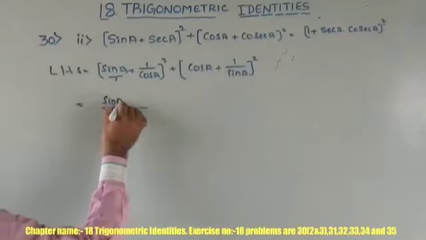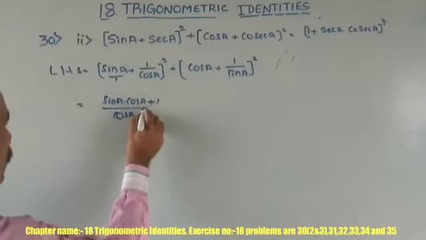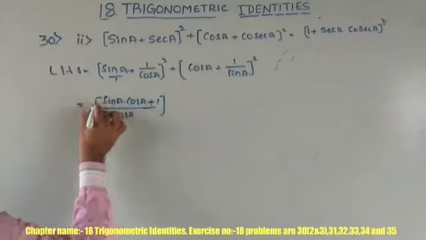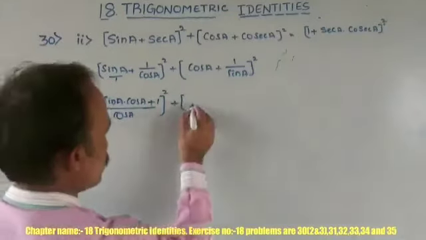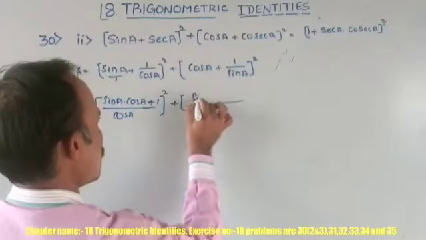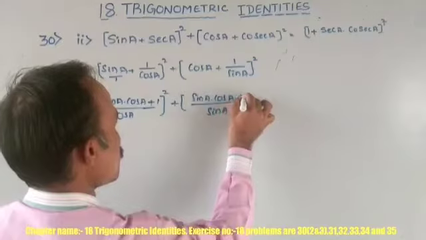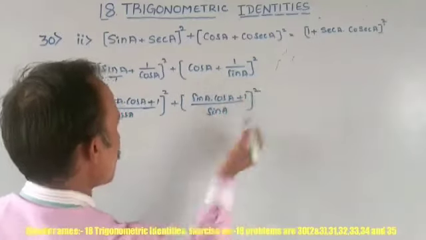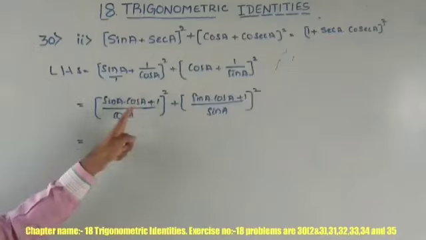Cos A into sin A, or sin A into cos A, plus 1 whole square, plus, similarly here sin A is the LCM. So again we will get here sin A into cos A plus 1 whole square. So this is equal to, now this square is related to both numerator and denominator.